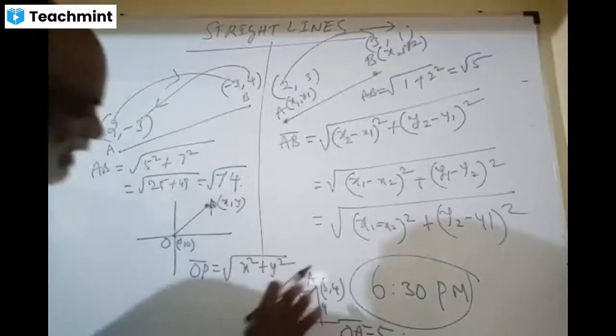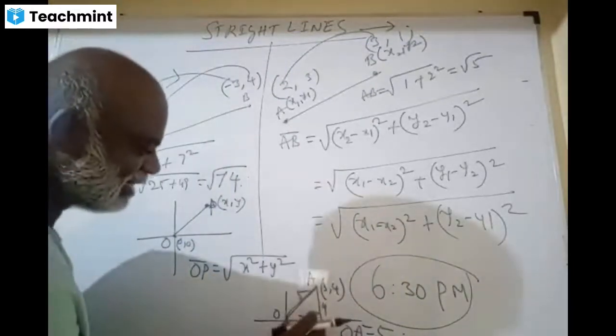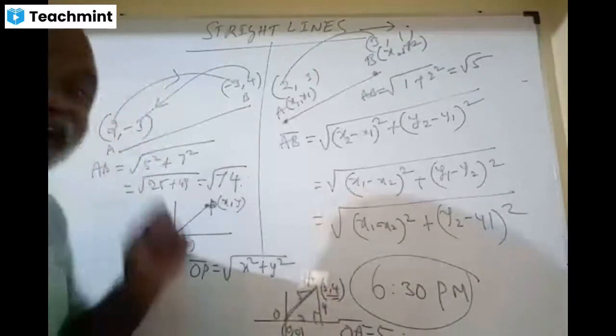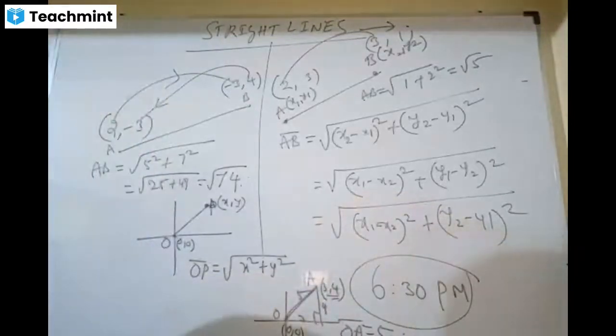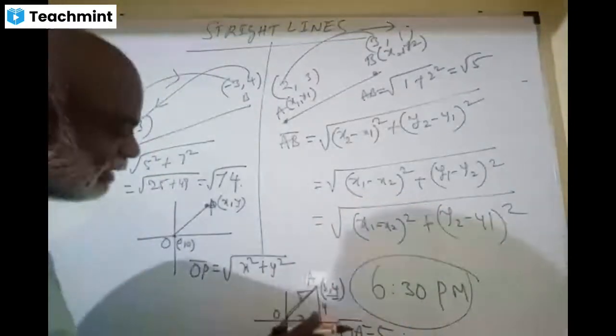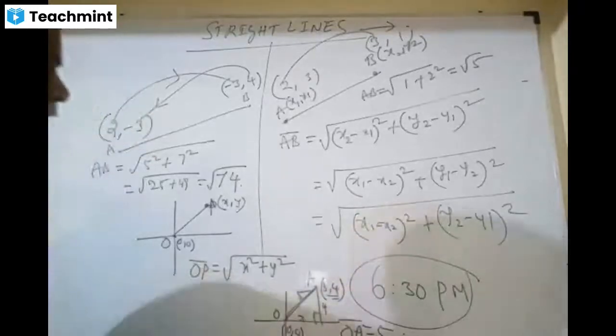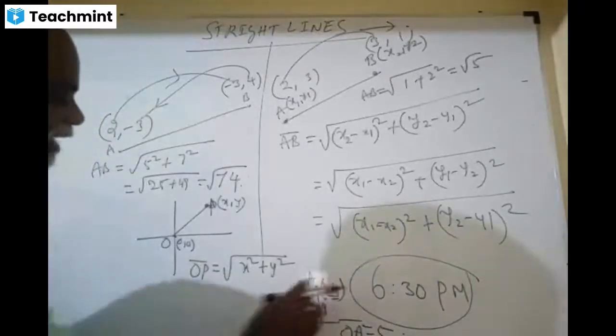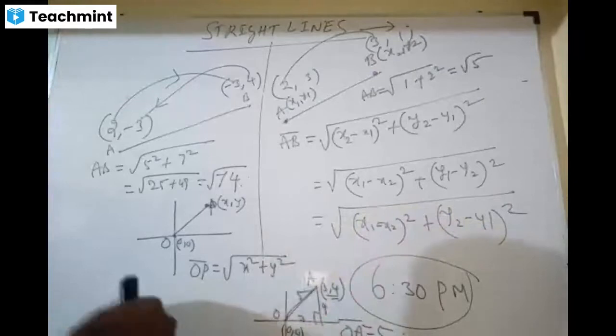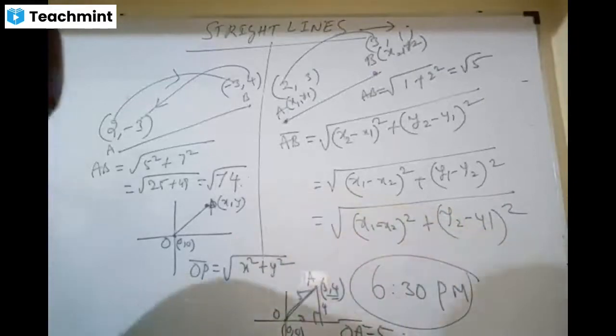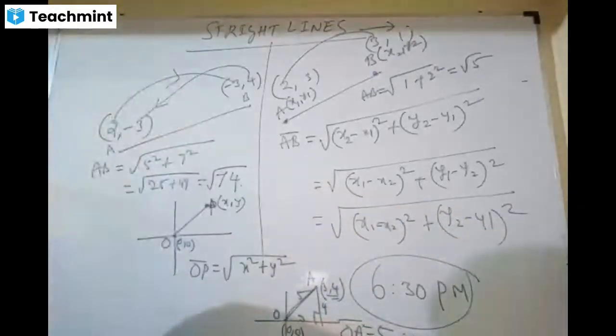How beautiful it is. So this length is 5. This length is 3 because 3 and 4 are the x and y coordinates. X coordinate is width, y coordinate is height. Therefore, 3, 4, 5. How beautifully you can connect with the Pythagorean triplet.